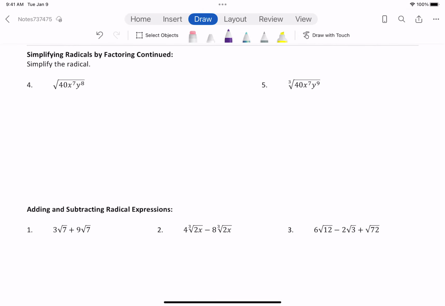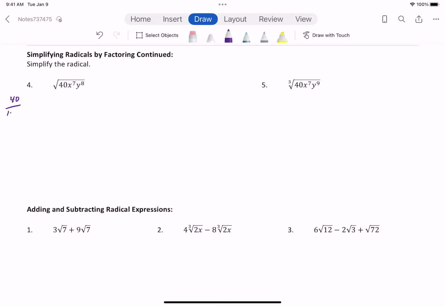Alright, these last two that we're going to do are a little more difficult than the ones that we just did. They're really the same thing, along with some stuff that we did in the last lecture. If you look at this first, I see square root of 40. So let's just deal with that first.